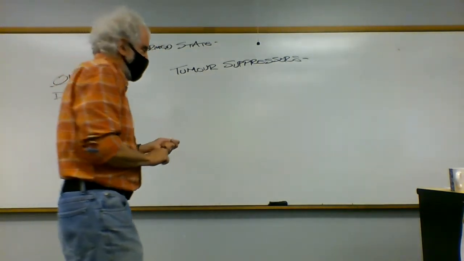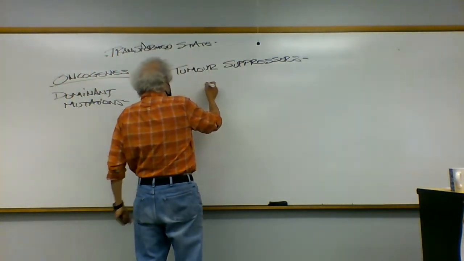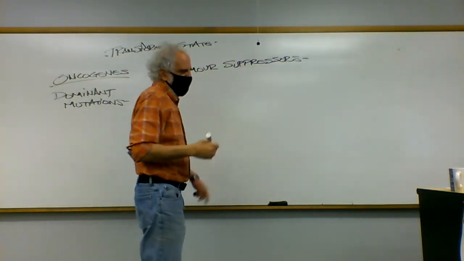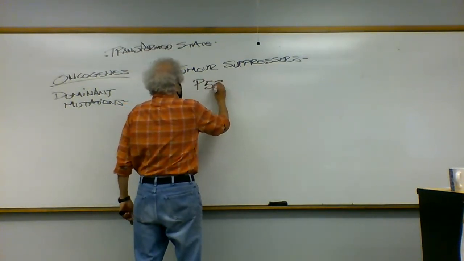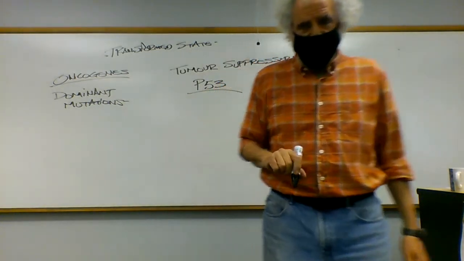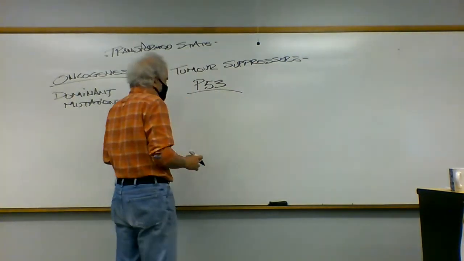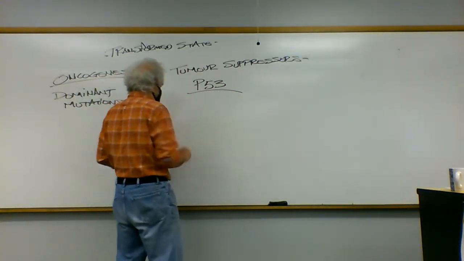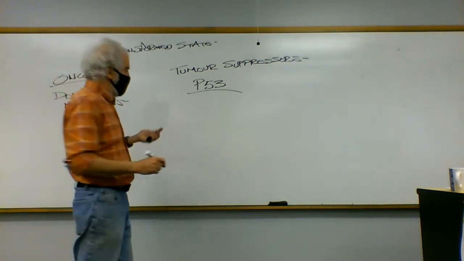Just a couple of tumor suppressors to throw out here. Perhaps one of the very first to be discovered is a protein that doesn't have a very evocative name. It's called P53. P53 was one of the very first tumor suppressors. It turns out that there are a bunch of tumor suppressor genes. You may be familiar with the tumor suppressor gene that is associated with familial inherited breast cancer.